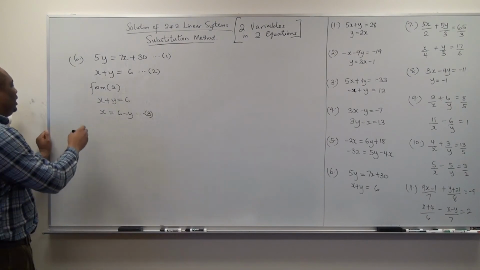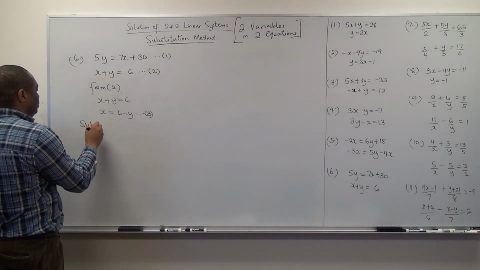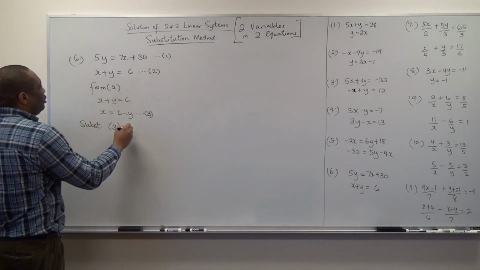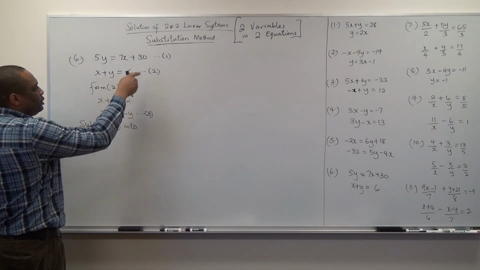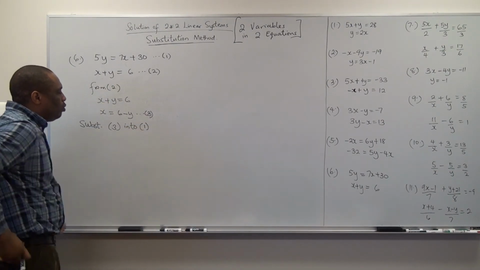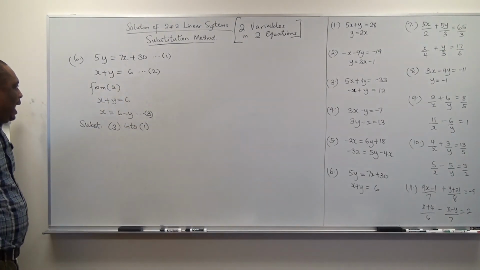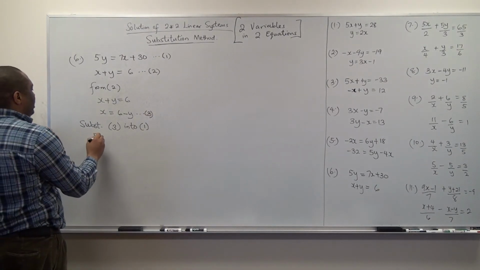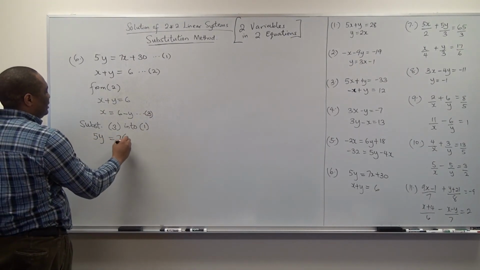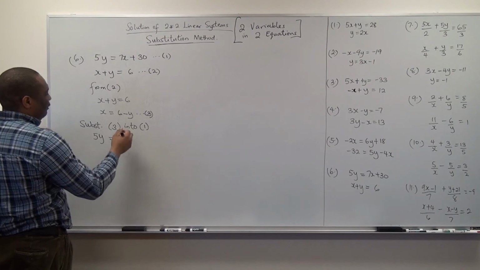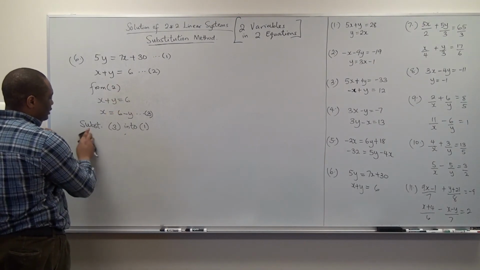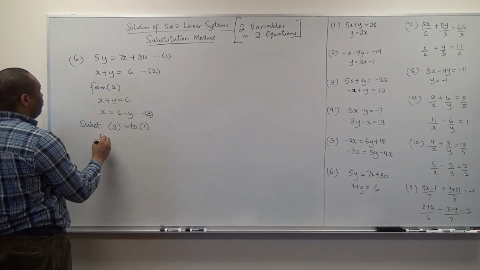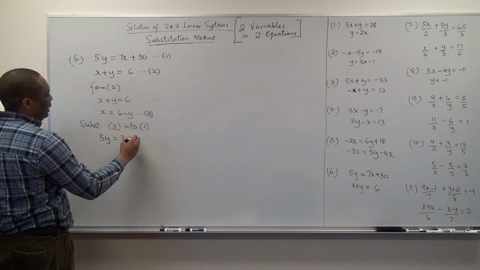So you now substitute equation 3 into equation 1. Now we've used equation 2, so we substitute into equation 1, right? And that tells us that 5y is equal to 7x plus 30.